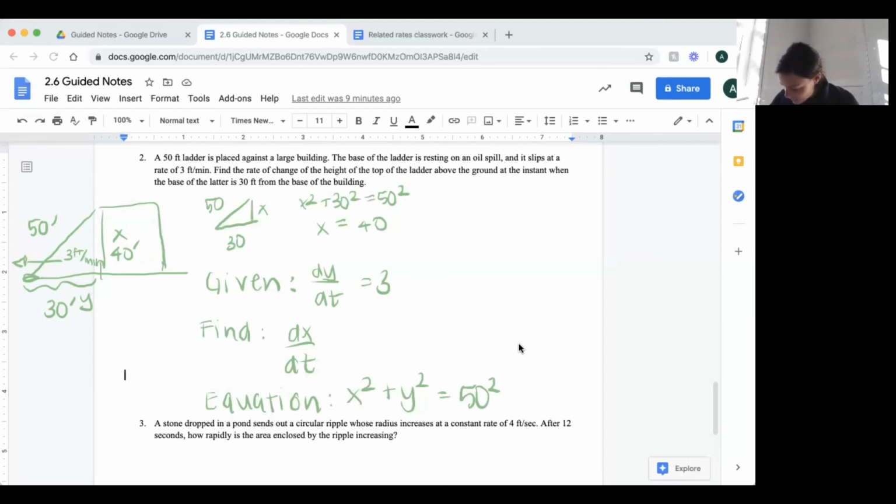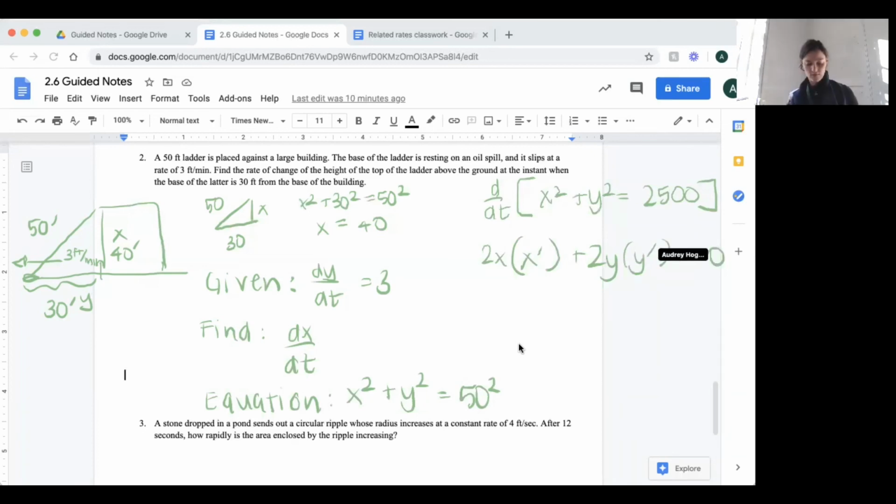We're going to differentiate our equation with respect to t. So x squared plus y squared equals 2,500. Then 2x times x prime, because x is a function of t, plus 2y times y prime, because y is a function of t, is equal to 0. The derivative of a constant is 0.